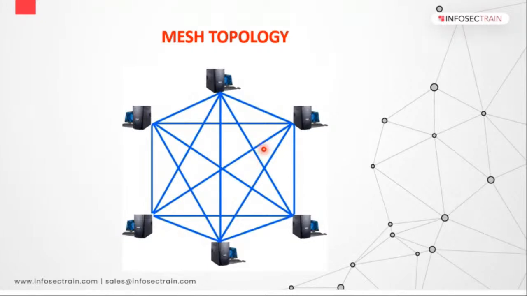So this PC is directly connected to this PC. Indirectly, it is also connected to this PC in many ways, right? So what happens, guys, if any of the wires is faulty, it will take another path, right?